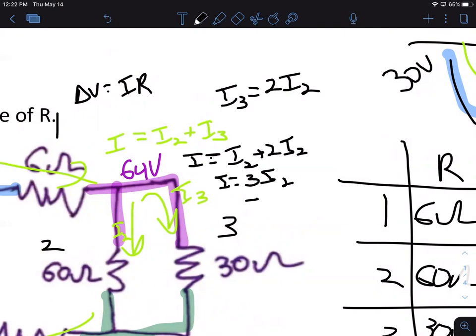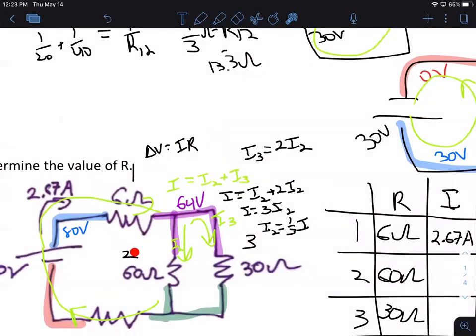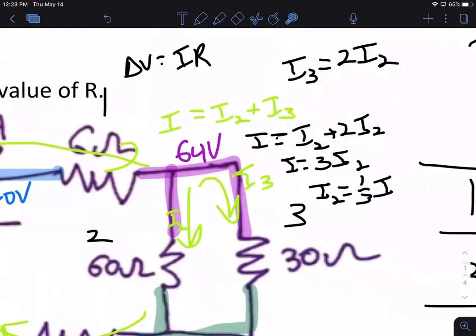So I2 has to be a third of the current. So this is twice as much current. They're sharing the current. So this gets 2/3 of it. This gets 1/3 of it. So the current was 2.67. This one gets a third of 2.67.